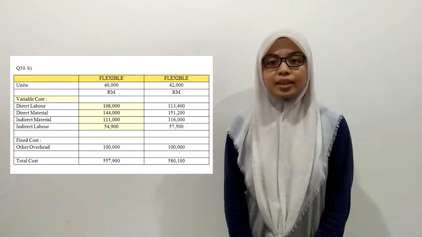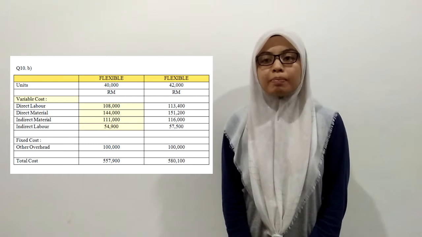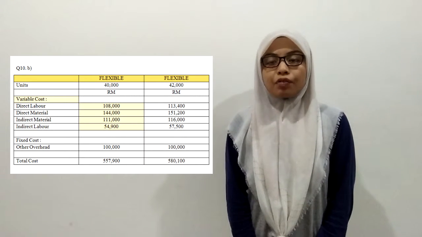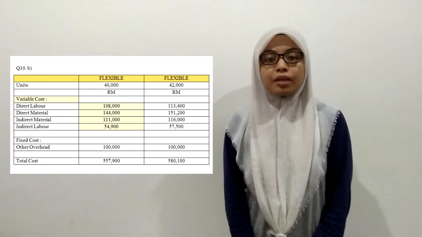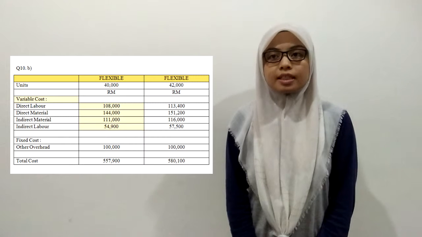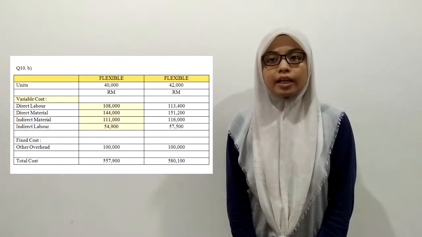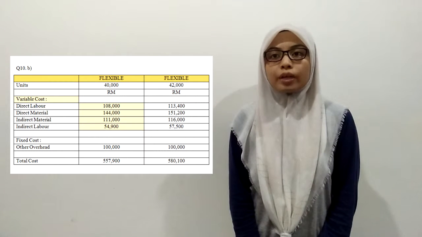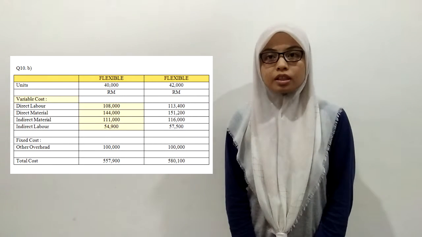Let's proceed to question 10b. First, we must prepare a flexible budget for 40,000 units. 40,000 units multiplied with UVC: direct labor 2.7 UVC, we got 108,000. For direct material 3.6 UVC, we got 144,000.